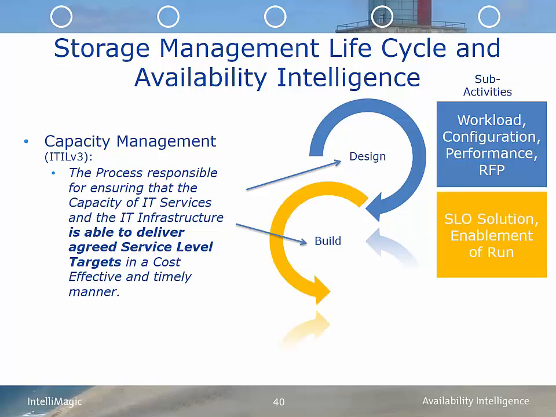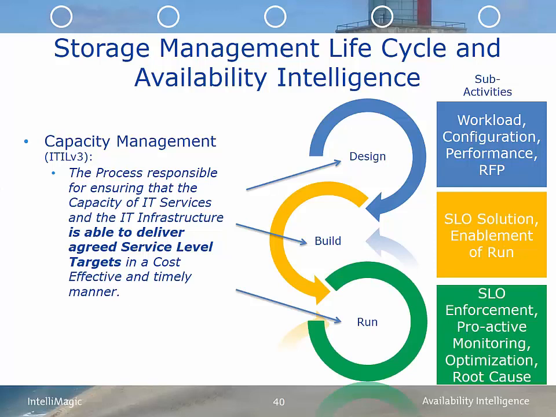During the build phase, availability intelligence manifests in the SLO definitions and enablement activities. And during the run phase, enforcing SLOs, proactively monitoring and optimizing storage infrastructure, and identifying root cause requires knowledge-based solutions that make these activities possible to do on an ongoing basis.